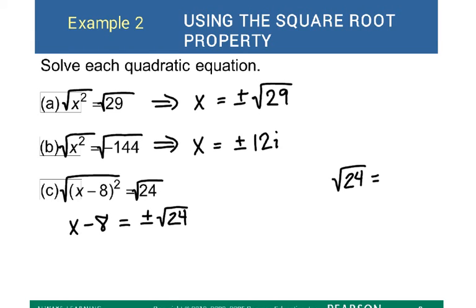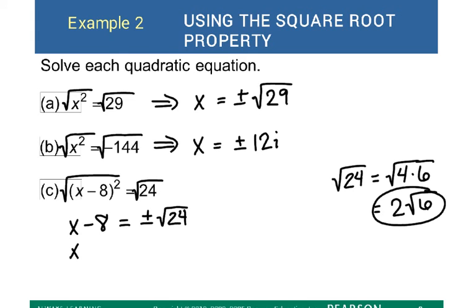That breaks down into the square root of 4 times 6. And so we can take the square root of 4, and that gives us 2. The square root of 24 is 2 times the square root of 6. Now I'm going to replace the square root of 24 with this. So it's plus or minus 2 square root of 6.